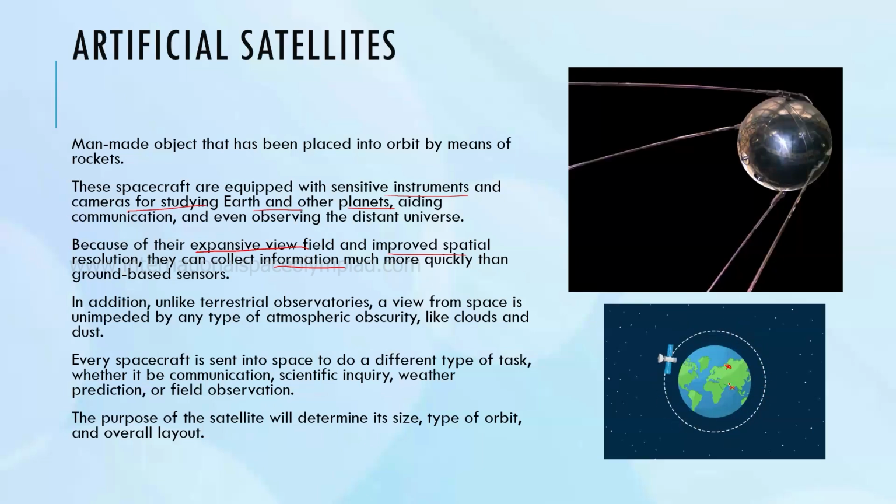Either I have to go there by flight, but maybe there won't be any airport or train, so I have to manually travel there and measure things. But instead, if I have a satellite, I will tell my satellite to take a photo of that place, or when it comes above that place, just take a photo or send me the information on what is happening. So that is how it is being done.